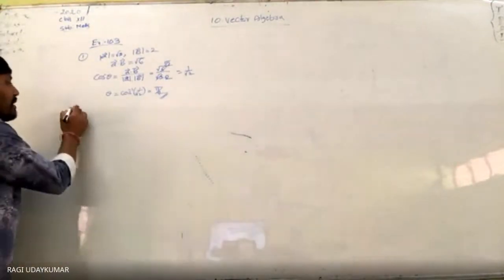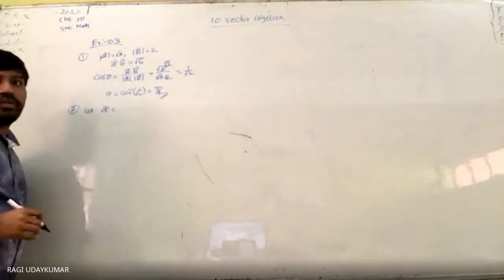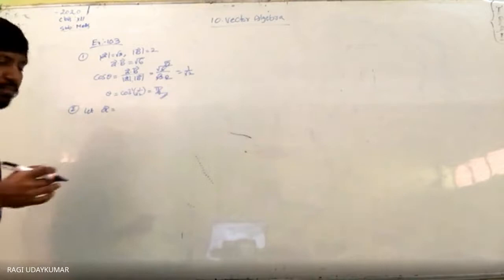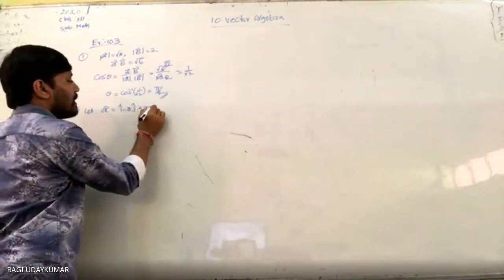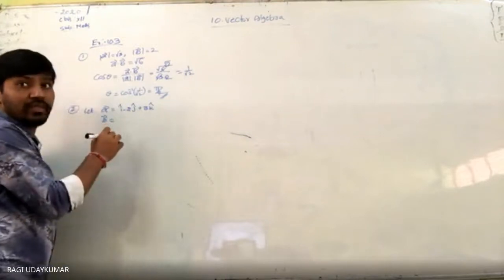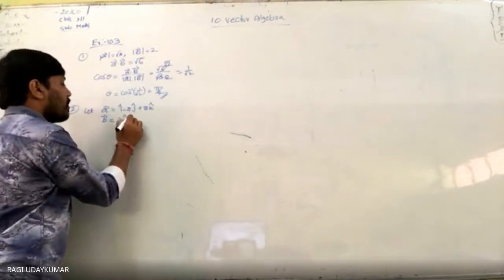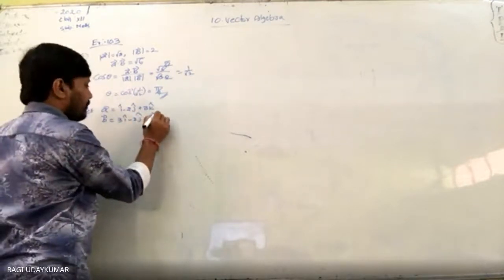Suppose in the second problem vectors are given to you. Let A be i cap minus 2j plus 3k and B vector is given as 3i minus 2j plus k. Now the angle between these two vectors.